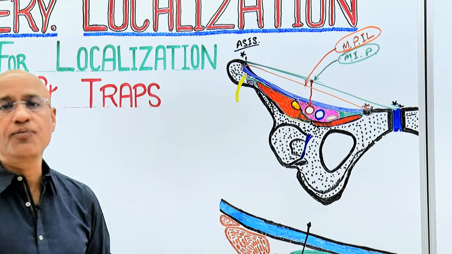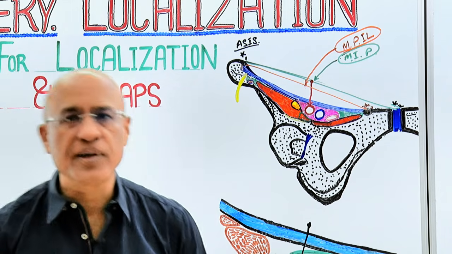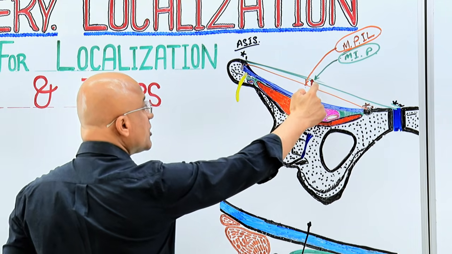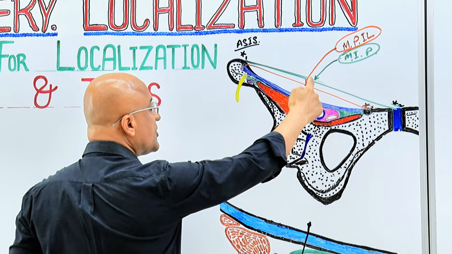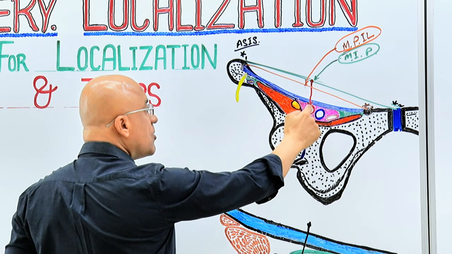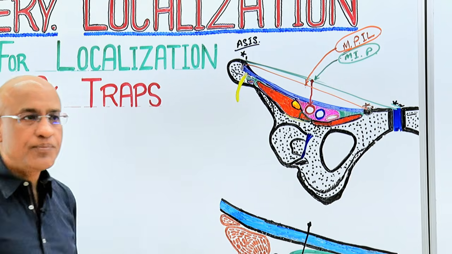But this slight difference makes a huge difference clinically. Why? Because the mid-inguinal point helps us to localize the femoral artery.